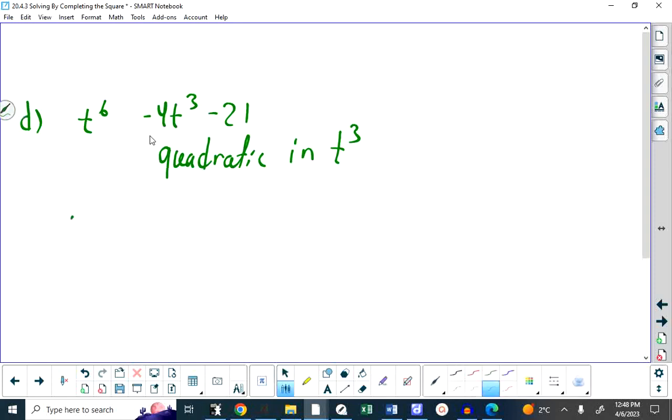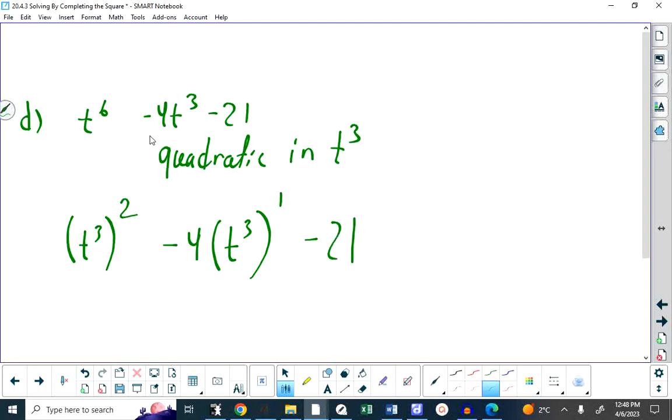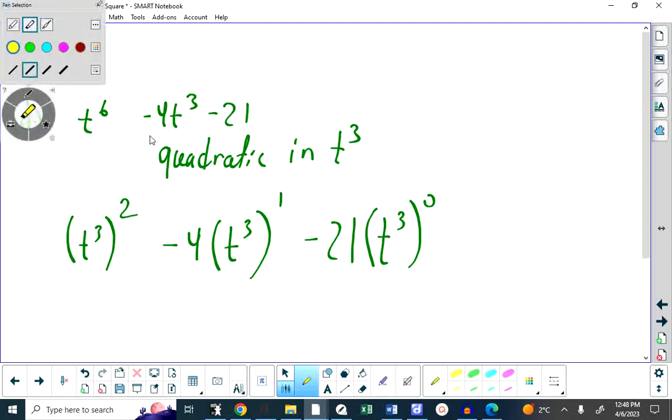because you can write this as t cubed squared minus 4 times t cubed to the 1 minus 21. I'm going to actually put in t cubed to the 0. Okay. What makes this quadratic are these three exponents.